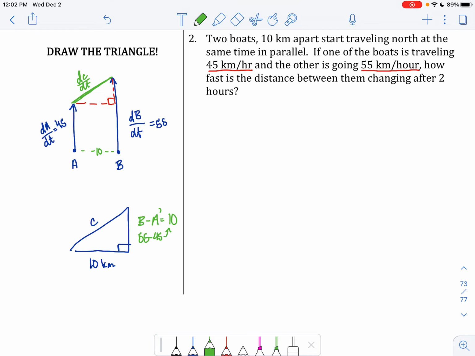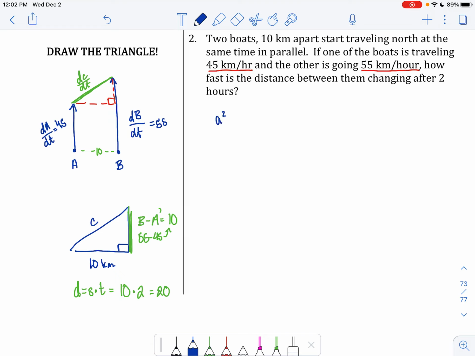That its length after 2 hours, this will just take a little bit of recalling. Remember that distance is equal to speed times time. So if the speed that vertical distance here is growing is 10 kilometers per hour, for 2 hours, its length is 20. But it's changing, so we won't write that quite yet.